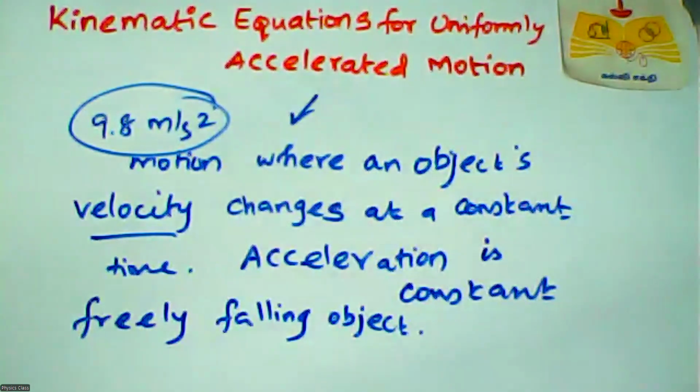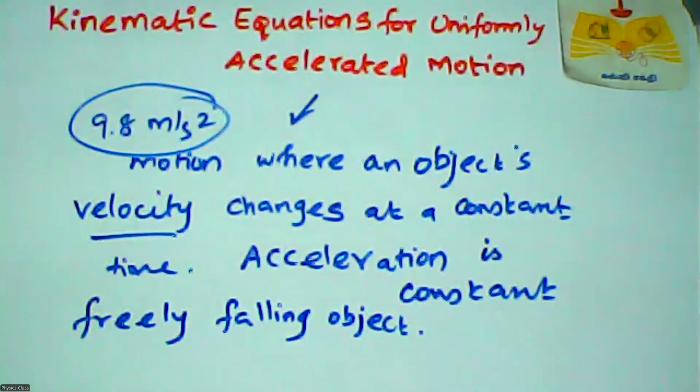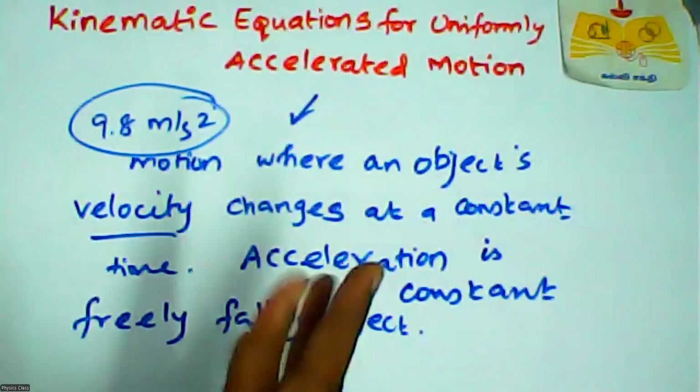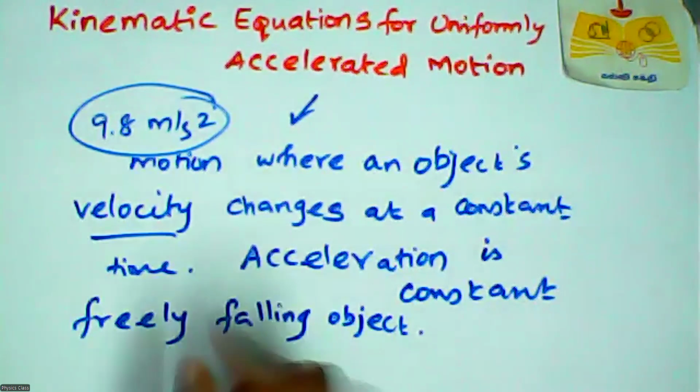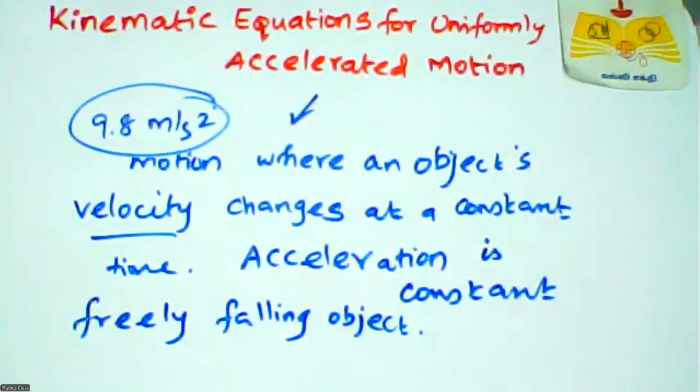It is a constant value. Constant value means constant acceleration. Gravity provides this acceleration to all bodies. So uniformly accelerated motion means acceleration is constant. Please underline that: acceleration is constant.